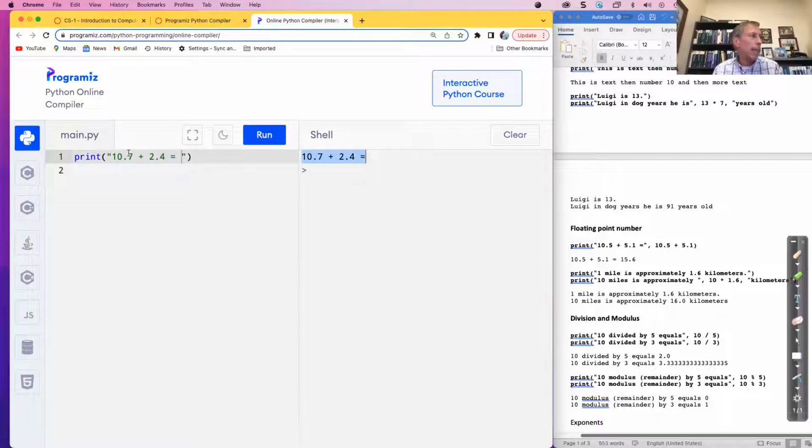This is just text as far as Python is concerned. It doesn't see it as numbers. But if I put 10.7, make sure I get this correct, 2.4, there's my mathematical expression. Notice I get, because I'm using floating point or real numbers, a floating point or real number here as well.